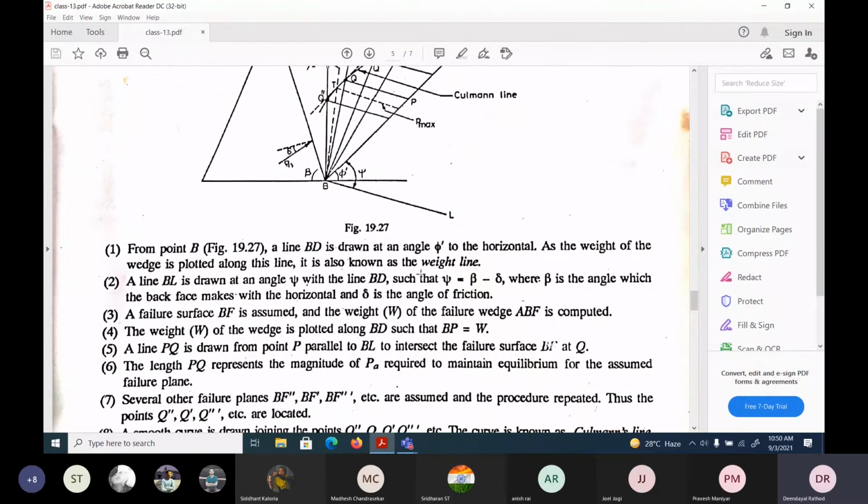We divide it, and this BP is equal to the weight.